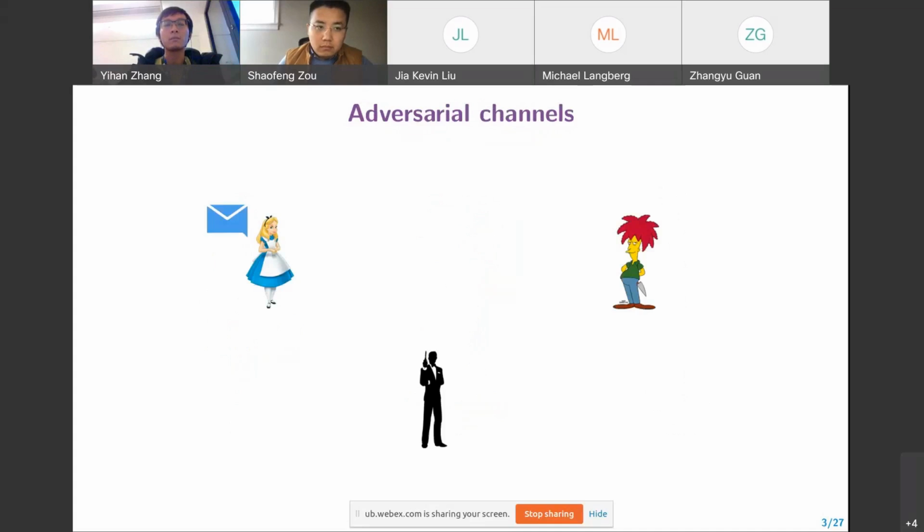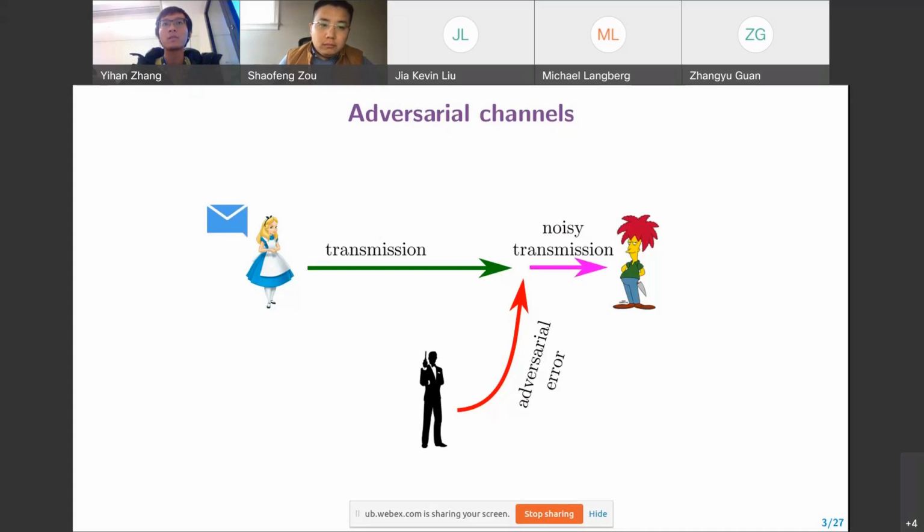Alice had some message in mind and she wants to transmit it, but unfortunately the channel is noisy. So she introduces some redundancy and transmits that through the channel. That's called the codeword. But unfortunately, the channel is governed by some bad guy, which is James. He can insert some adversarial noise, which is carefully designed to prevent communication from happening. And then Bob, receiving the noisy observation, wants to guess or decode the message transmitted by Alice. So that's the basic setting.